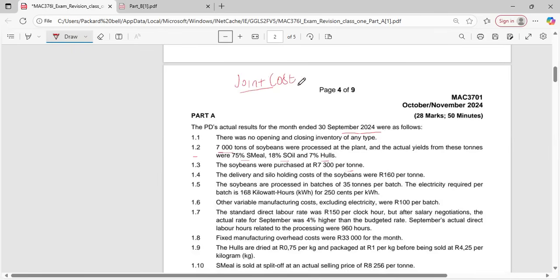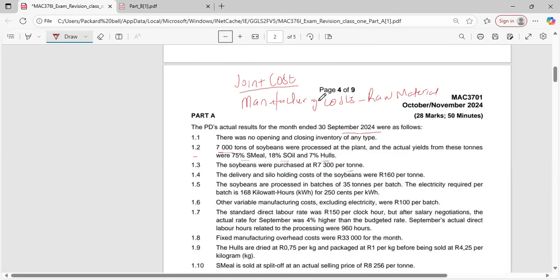Your joint costs are going to be made up of manufacturing cost. And what else will make up our joint cost here? Before the split-off point, because remember this is a process, the manufacturing costs are going to be the raw materials that were fed into the process.